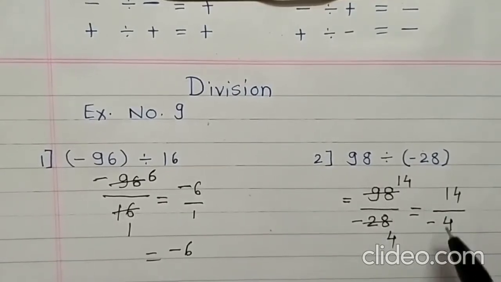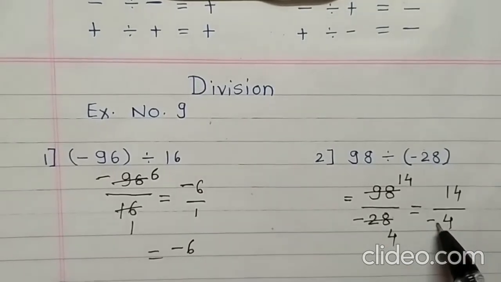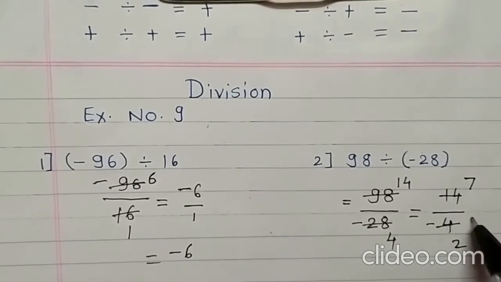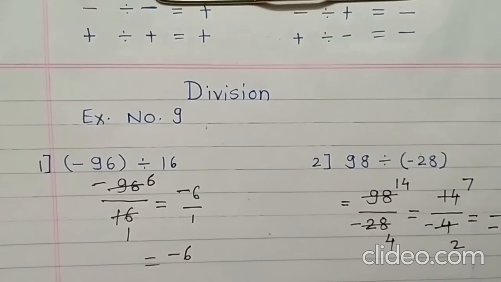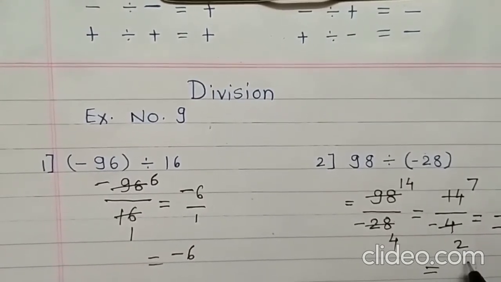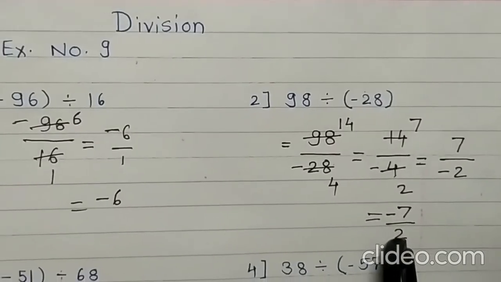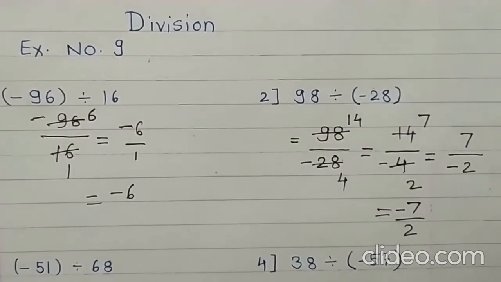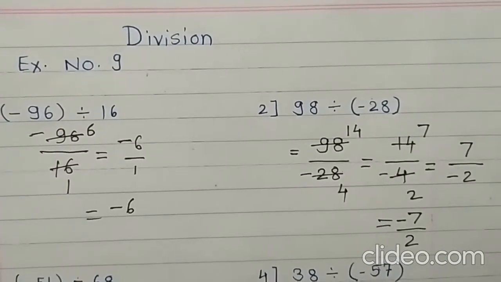Again 14 upon 4 can be divided by 2. 2 twos are 4 and 2 sevens are 14. So the final answer will be 7 upon minus 2, and we write this as 7 upon 2 with the minus sign going to the numerator, because in the denominator we always write a positive sign.